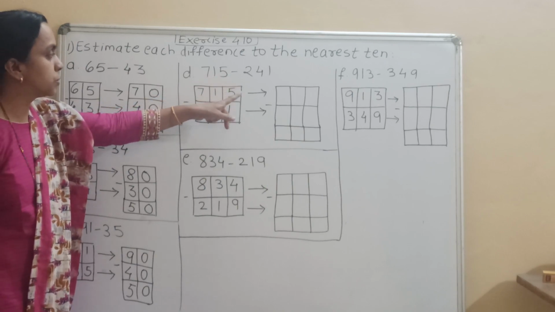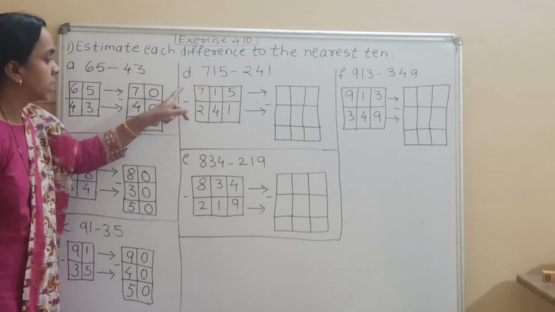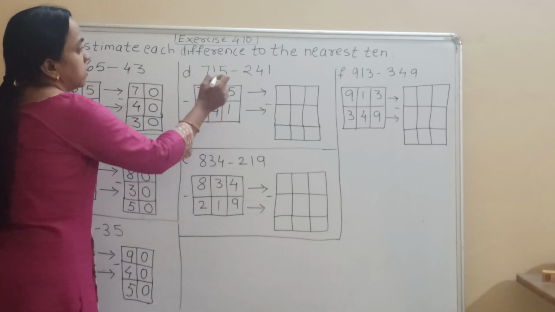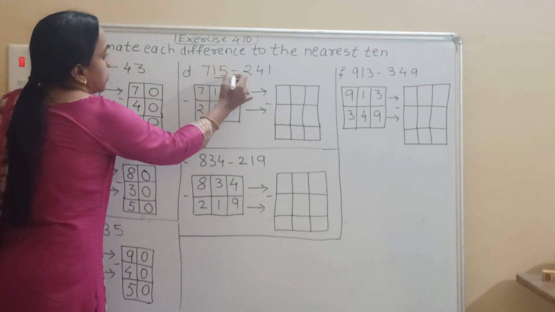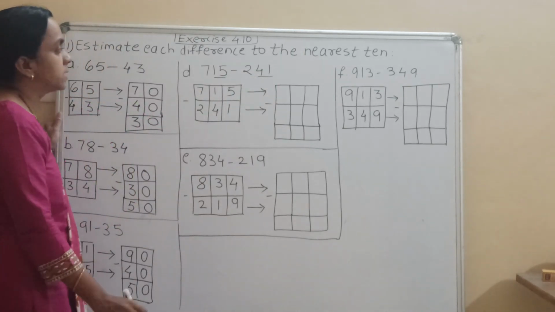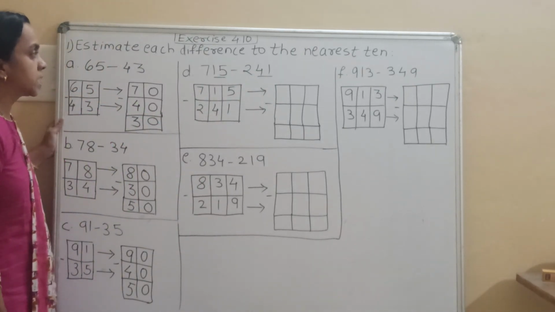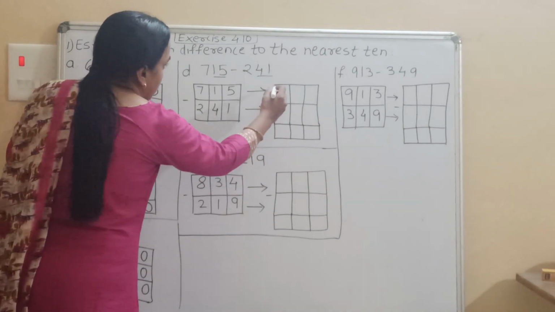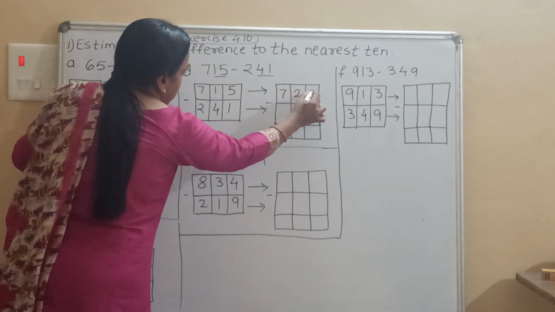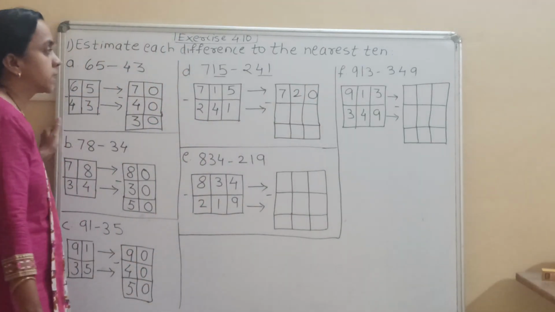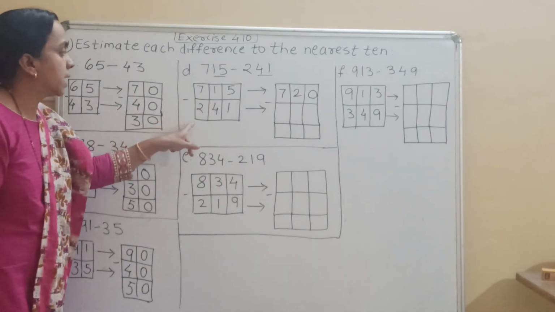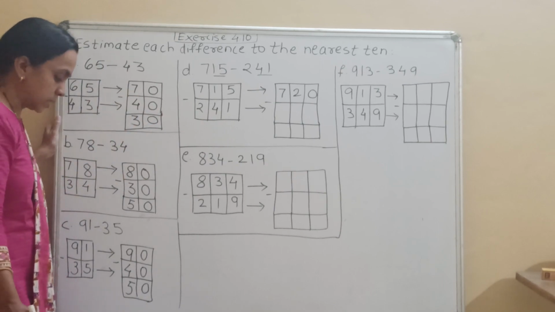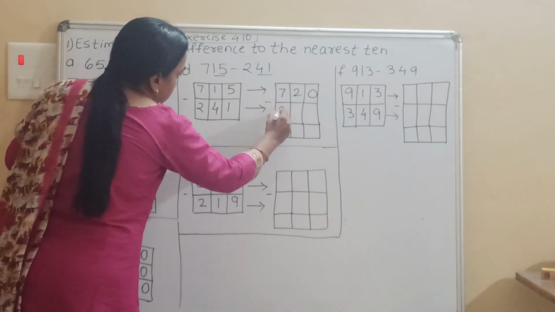Okay. Now see D question. 715 minus 241. So for the nearest 10 we have to take into consideration these two digits, ones and tens. So 715, that is very much closer to 720. So we can write here 720. And 241, that is very much closer to 240.